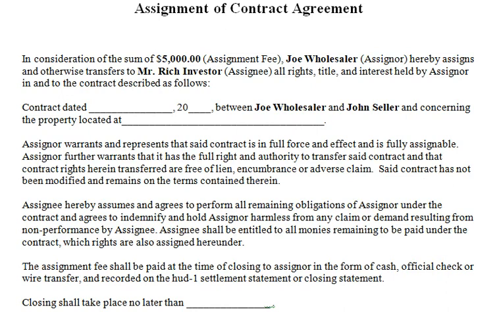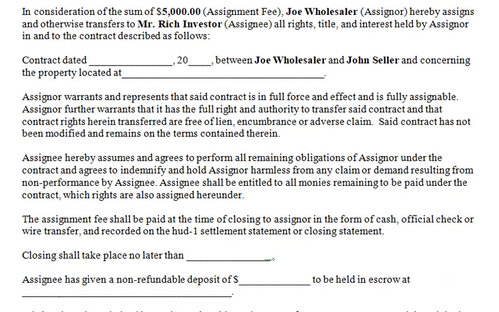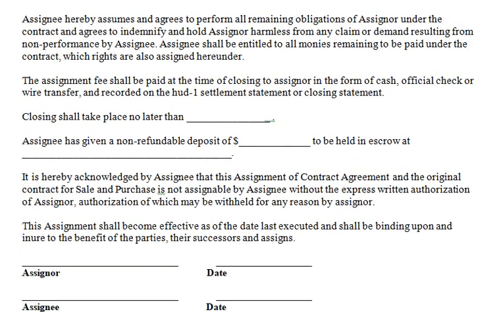Right below that, it says the assignment fee shall be paid at the time of closing. This agreement says in the form of cash, official check, or wire transfer. You're not going to get cash. No title company is going to give you cash, so I don't even know why that's in there.